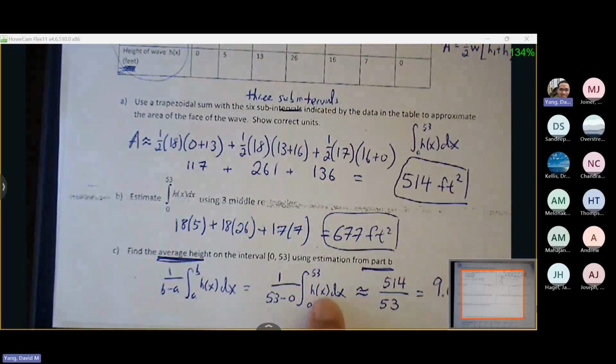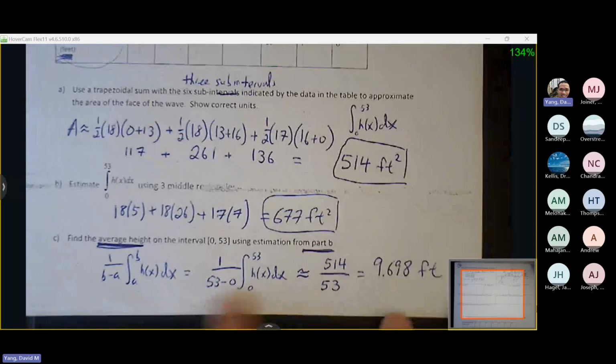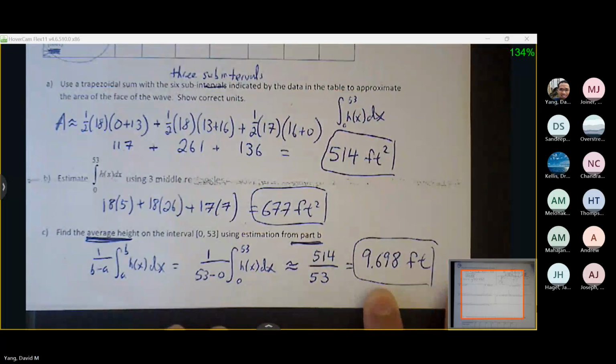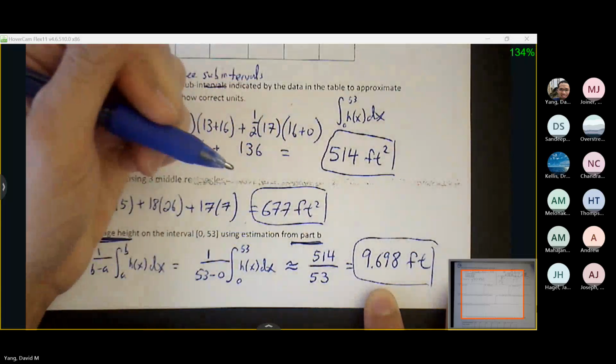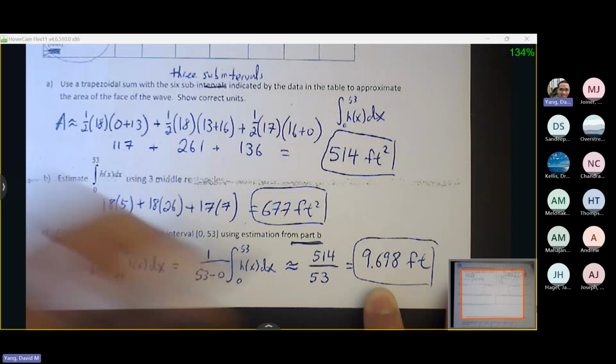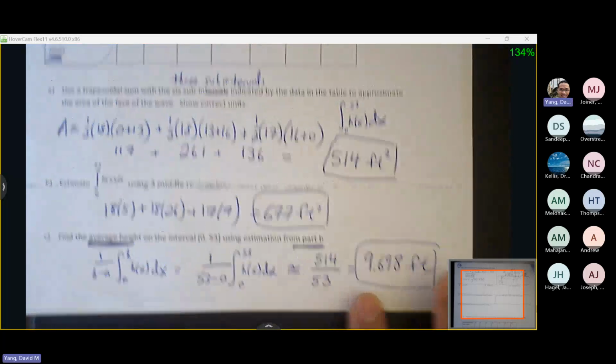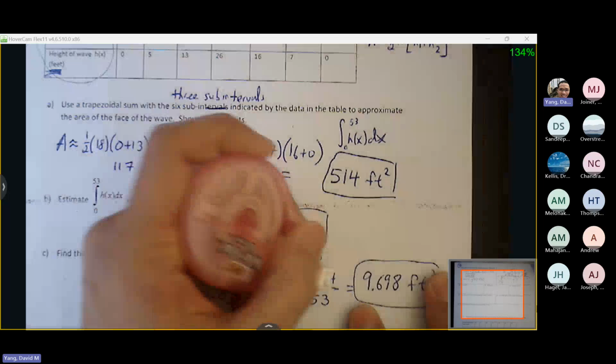So you're starting with feet squared. You're dividing by feet. So now you're back down to feet. Oh, sorry. I was looking at part. For some reason, I thought this was part B. Okay, sorry. 677 divided by 53. Thanks.